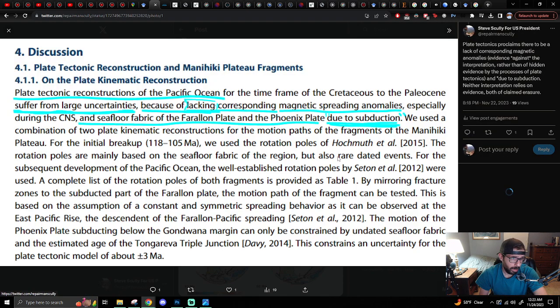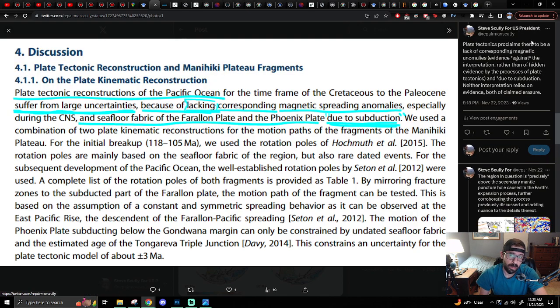Let's keep going. Plate tectonics proclaims there to be a lack of corresponding magnetic anomaly. So this is just another evidence against plate tectonics. Plate tectonic reconstructions of the Pacific Ocean for the time frame of the Cretaceous to the Paleocene suffer from large uncertainties because of lacking, meaning they don't exist, corresponding magnetic spreading anomalies.